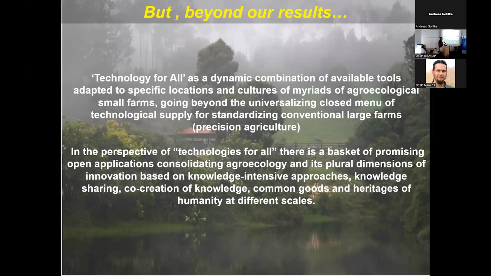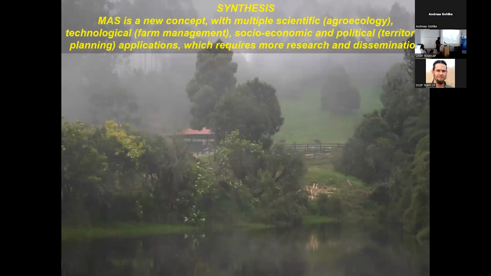Because agroecology is considered in some part like something without importance. But agroecology and agrobiodiversity is the key of management of the agroecosystem of the future. So we have a new concept with multiple scientific, technological, socioeconomic applications which require more research and dissemination in Ghana, in Nigeria, and so on.